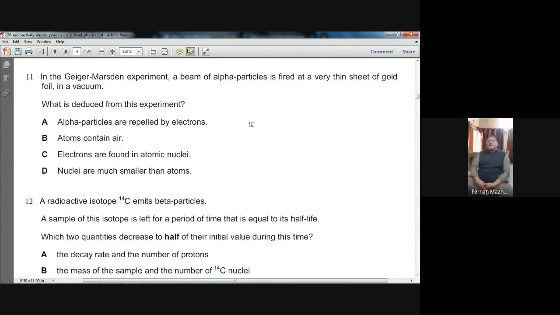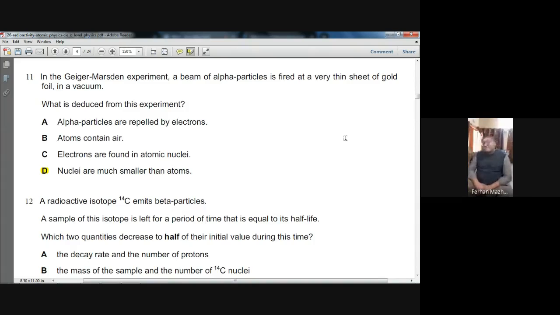The rest of the atom is empty. All the positive charge is concentrated inside the nucleus. So what he deduces from the experiment: nuclei are much smaller than the atom. So D is the right answer.